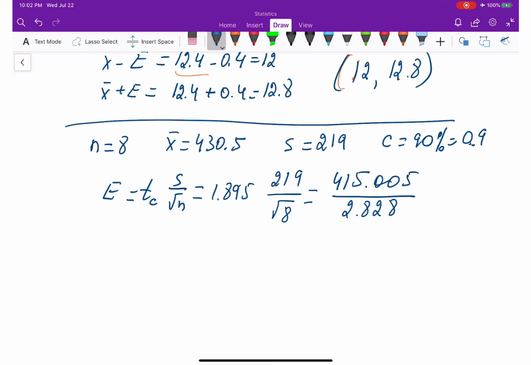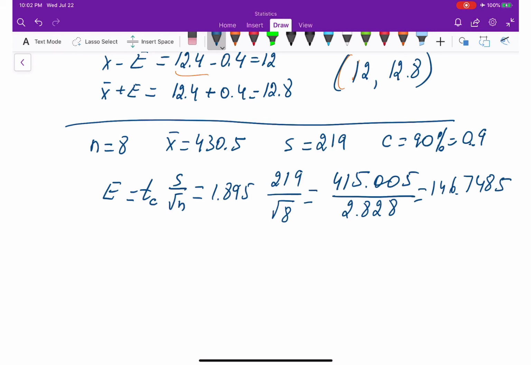So we divide by 2.828, and the answer is going to be 146.74.